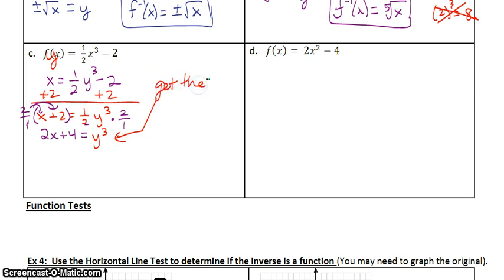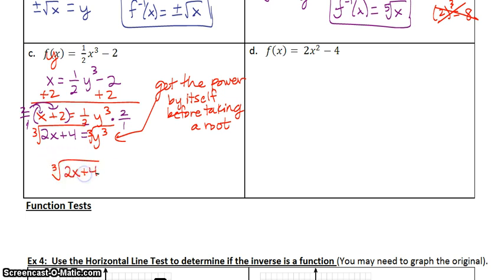So I'm going to just say get the power by itself before taking a root. And I hope you're looking at this and in your mind you're thinking, oh, it's a y cubed, so to get rid of a cube, I'm going to cube root it. And it's an odd root, so I don't have to put the plus or minus in front.